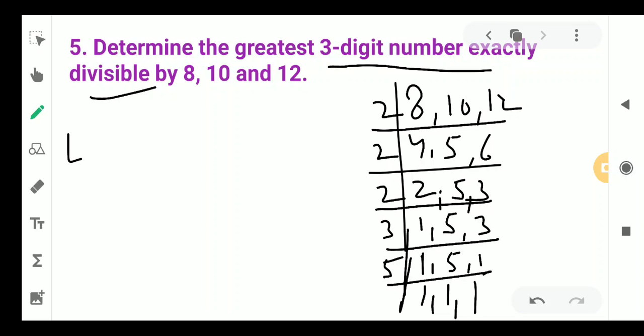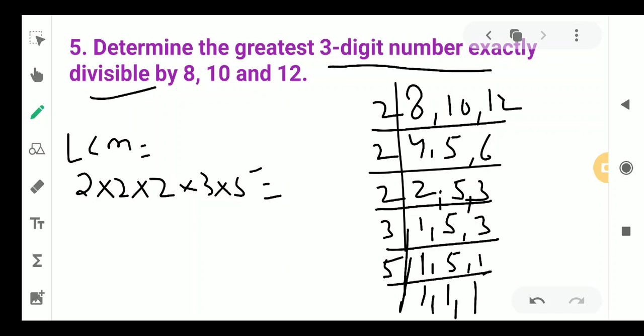So LCM will be this, multiply this, 120. Now this is the LCM. Now same as the previous question, we will take the multiples of 120, meaning the next multiples of 120.